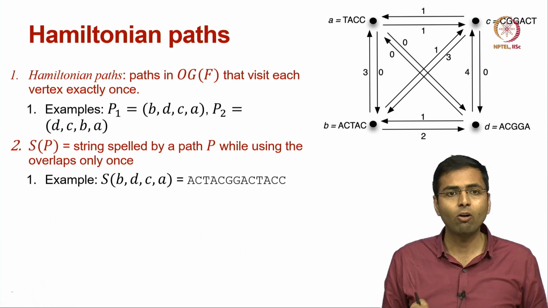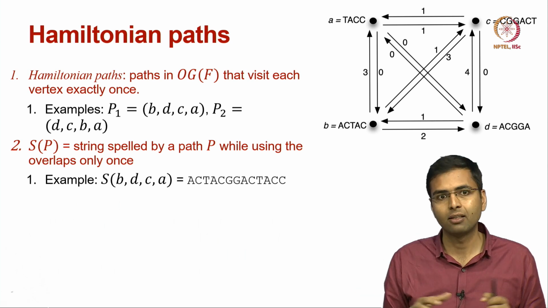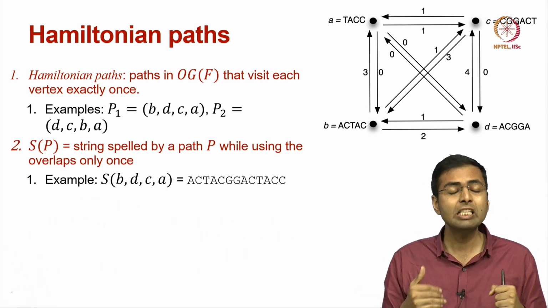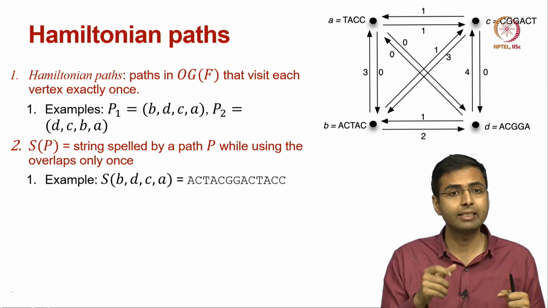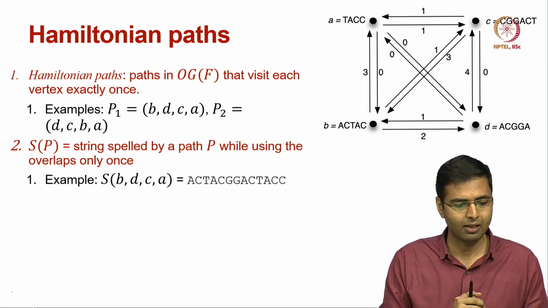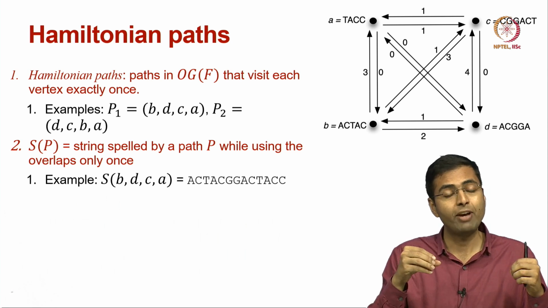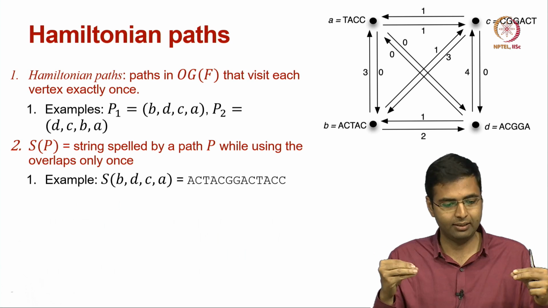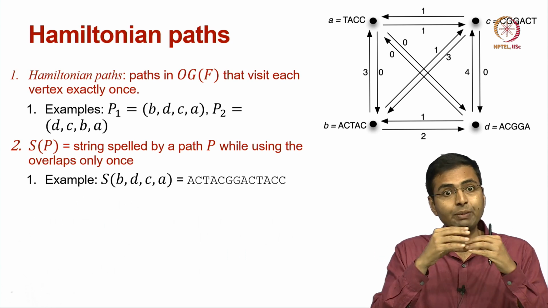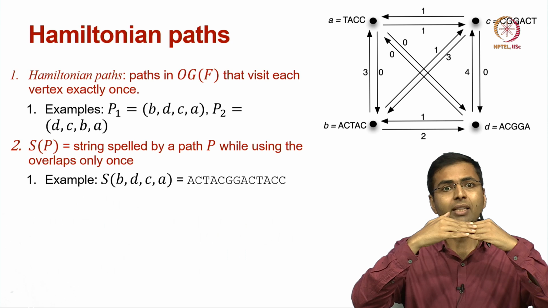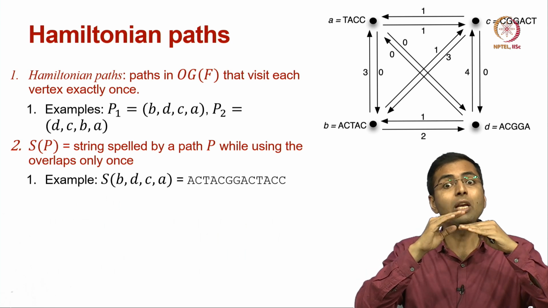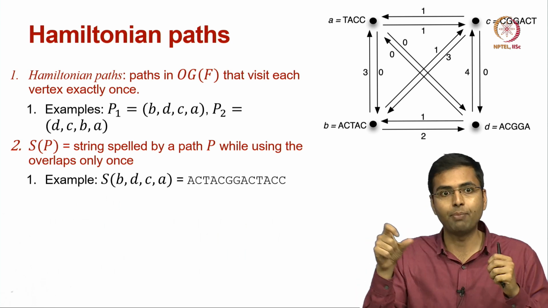Now, let me also define the string spelled by a path. So, the string spelled by a path, denoted as capital SP, is the string spelled by that path where we use the overlaps only once. So, the suffix prefix overlaps between the consecutive strings will be used only once while I am spelling that path.